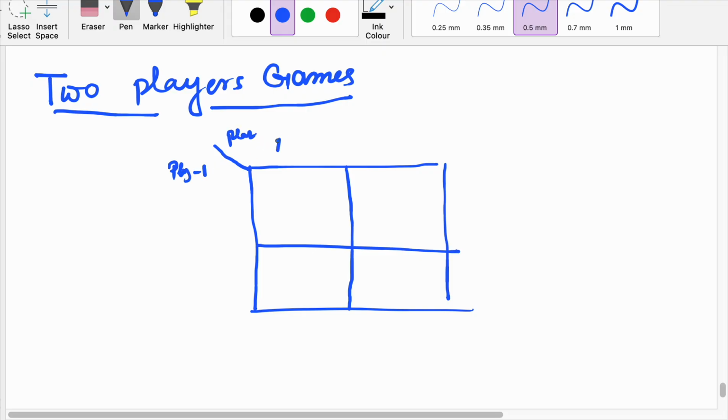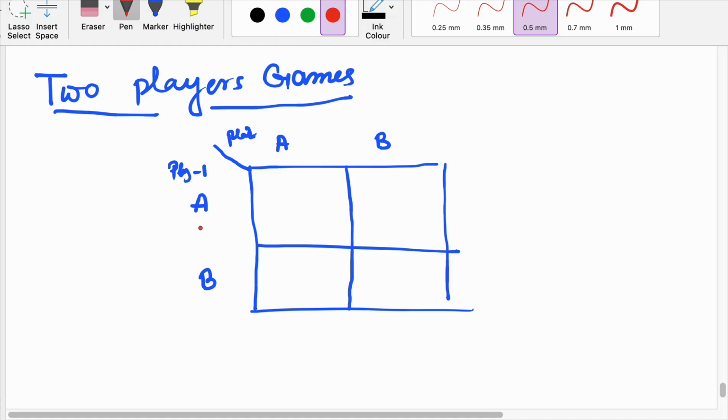Suppose each player has 2 actions, A and B. These A and B are the actions.